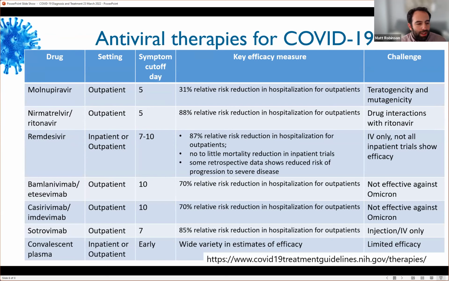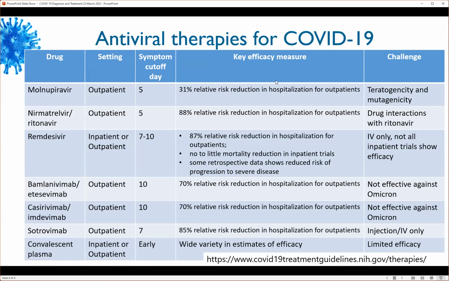So what I have here is the drug in the first column, the setting where it's appropriate for use, the symptom cutoff day, after which it's unlikely to be effective. And that goes back to that point I mentioned before about the beginning phases of COVID being driven by viral replication, which then tapers off.